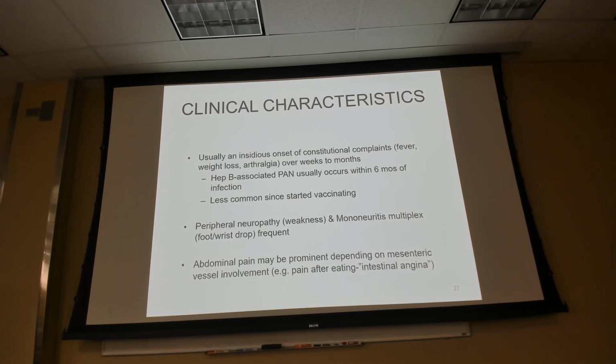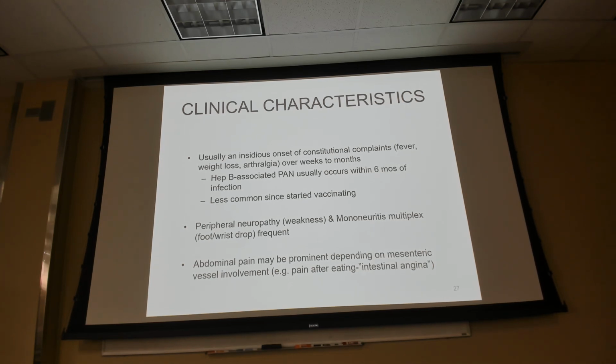Peripheral neuropathy, so if they are having some nerve weakness, then we can see foot or wrist drop. Okay. Abdominal pain could also be there if we're having vessel involvement of the abdomen.